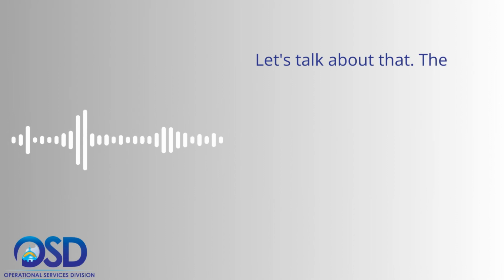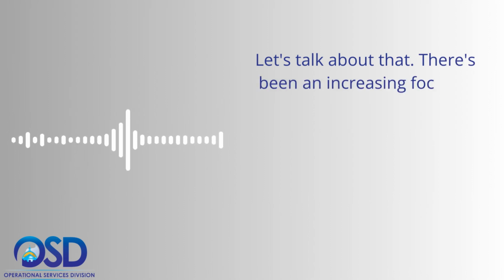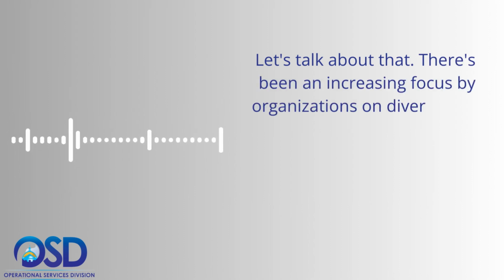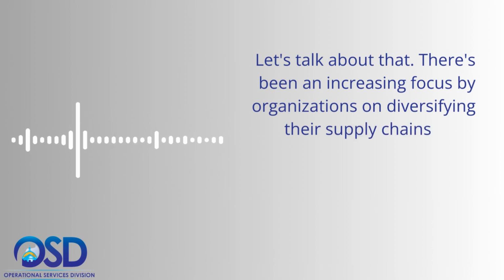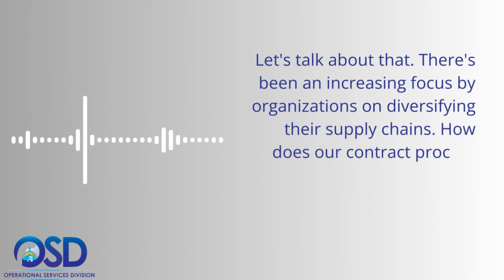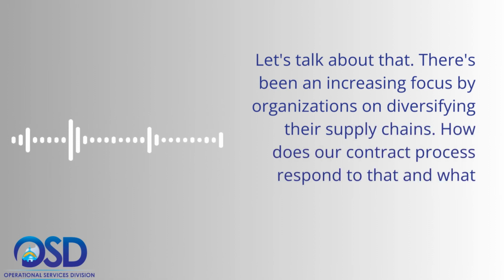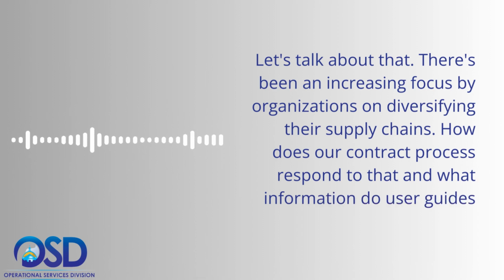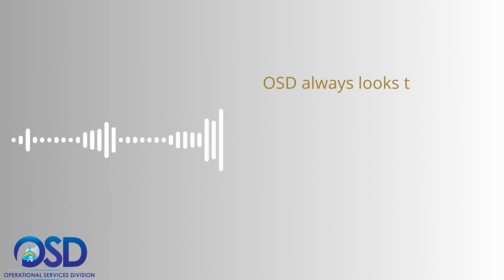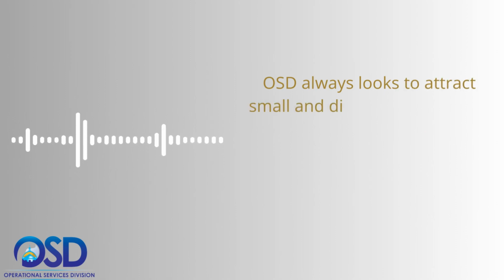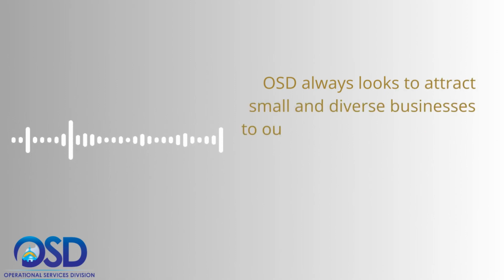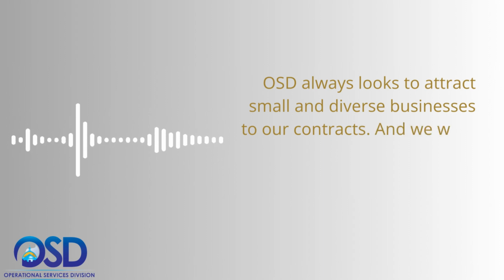Let's talk about that. There's been an increasing focus by organizations on diversifying their supply chains. How does our contract process respond to that, and what information do user guides provide? OSD always looks to attract small and diverse businesses to our contracts.